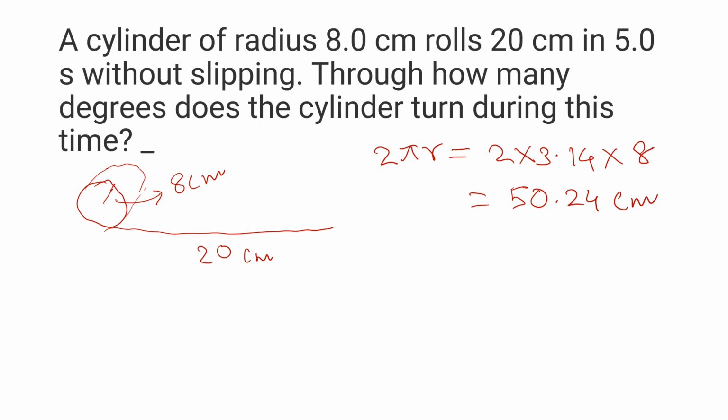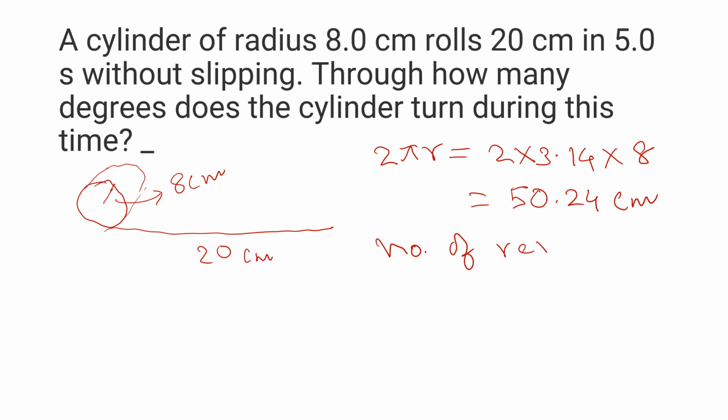All right. Now the distance that is given to us is just 20 centimeters, which is of course less than the total circumference for one full rotation. But even then we can calculate. The number of revolutions will be a fraction. It's not going to be a whole number, or more than one.